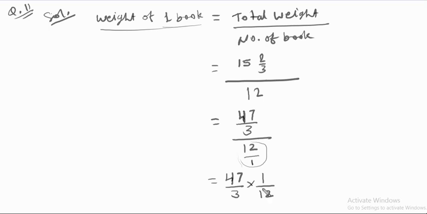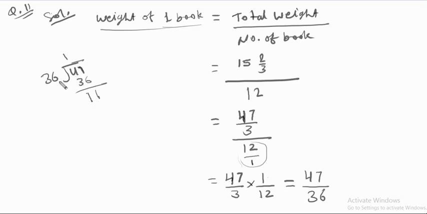Correct? Now multiply this: 47 into 1 will be equal to 47, and 12 3s are 36. So here this is the weight of your one book. You can write it in the form of a mixed fraction by dividing: 36 1s are 36, then remaining will be 47 minus 36 is equal to 11.